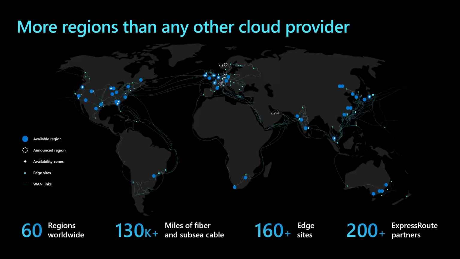So when we are deploying an Azure solution for you, we're going to pick an Azure region that makes sense to minimize latency, to get it as close as we can to your organization.